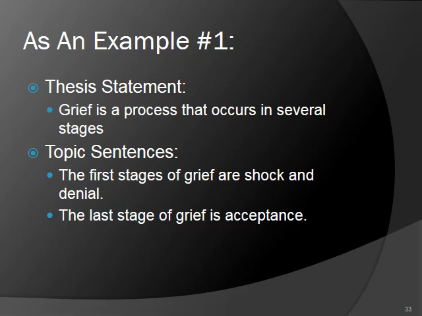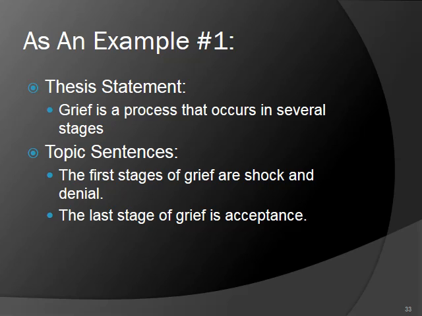As an example, if you are writing about grief and you want to narrow down your essay to how grief is a process that occurs in stages, that is what is going to be stated in your thesis statement. So your first topic sentence could possibly be, the first stages of grief are shock and denial.